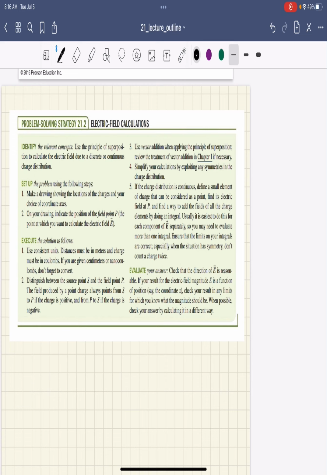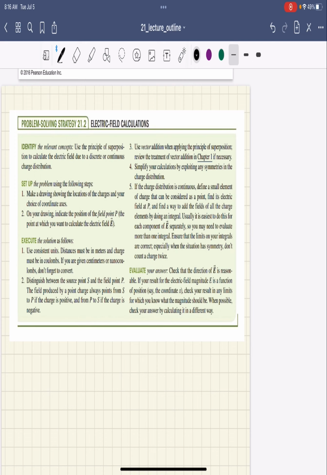Distinguish between the source point S and the field point P. The field produced by a point charge always points from S to P if the charge is positive, and from P to S, the source, if the charge is negative. Of course, we are again going to use the addition of vectors that we discussed in chapter 1.